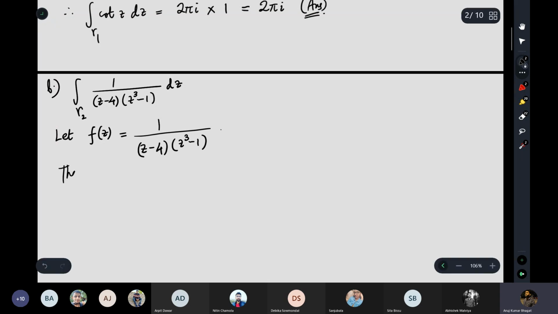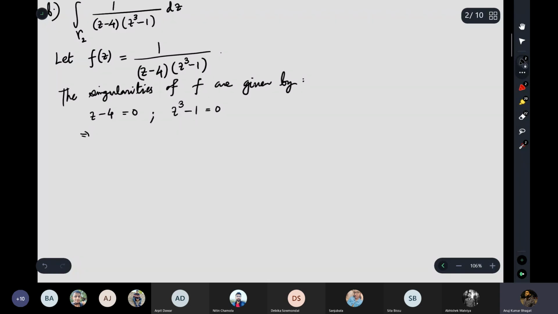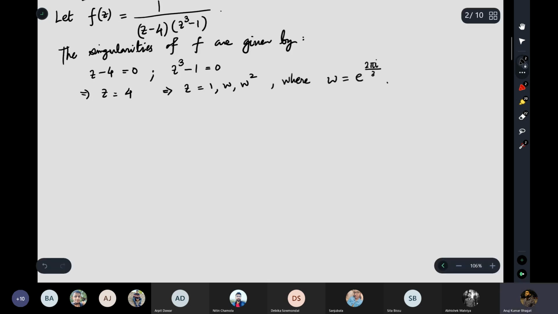So the singularities of f are given by z minus 4 equals 0 and z cube minus 1 equals 0. z minus 4 is 0 implies z is 4, and z cube equals 1 implies z is either 1, omega, or omega square, where omega is e to the power 2 pi i by 3. So it is a complex cube root of unity.